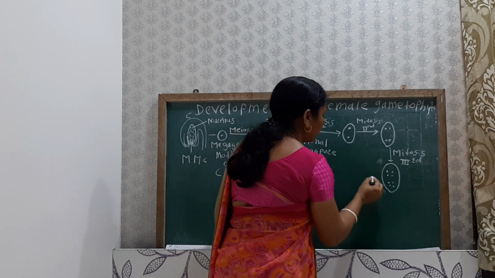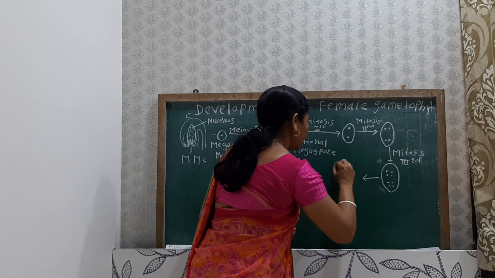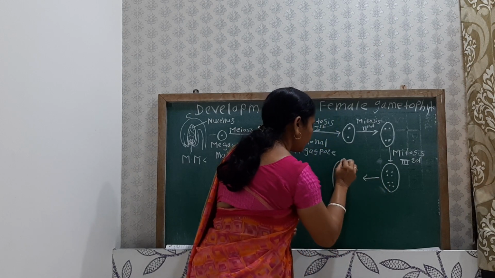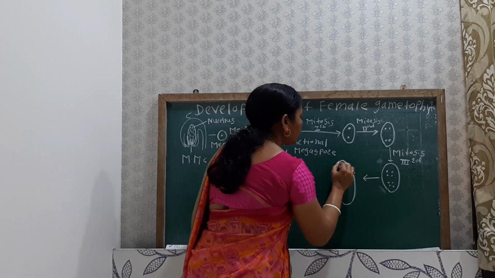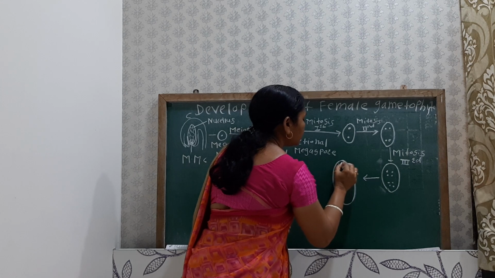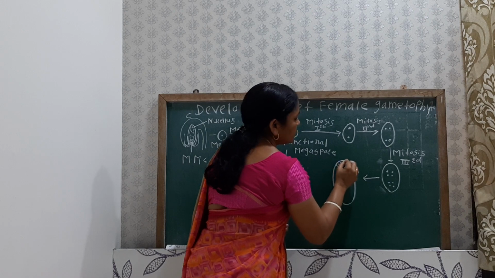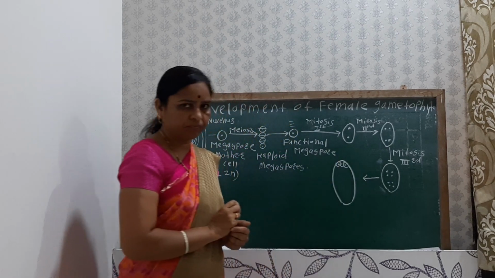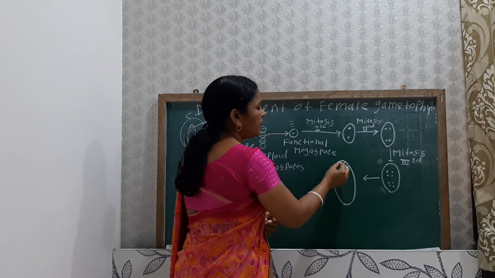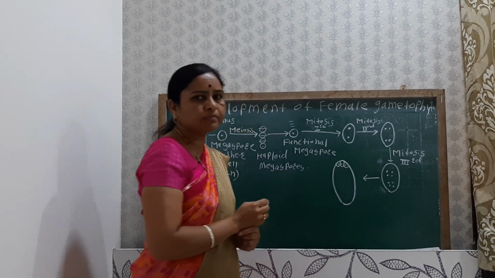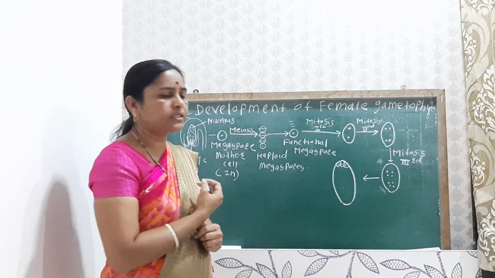Out of which 3 nuclei get arranged towards the chalazal end, and then cytokinesis takes place, means wall formation takes place around these nuclei, that is, cell formation takes place.